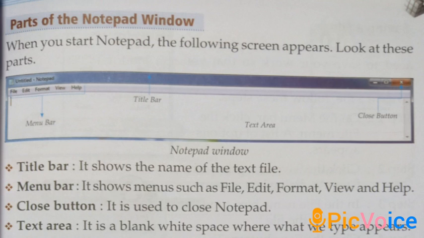Title bar shows the name of the text file. And menu bar, it shows different menus such as File, Edit, Format, View and Help. Then close button, it is used to close the Notepad window.